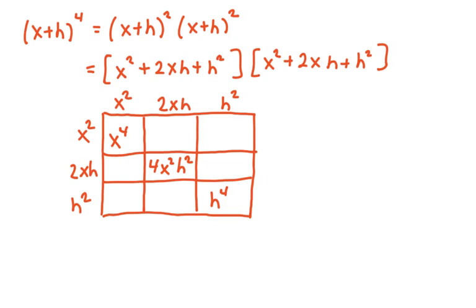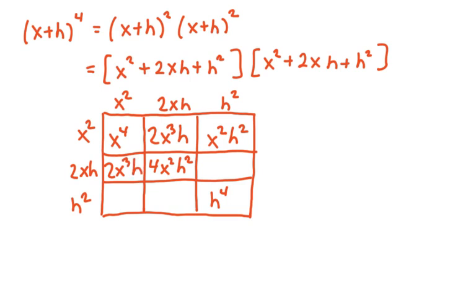Okay. Now, x squared times 2xh is 2x cubed h. X squared times h squared is equal to x squared h squared. And then 2xh times x squared is 2x cubed h.